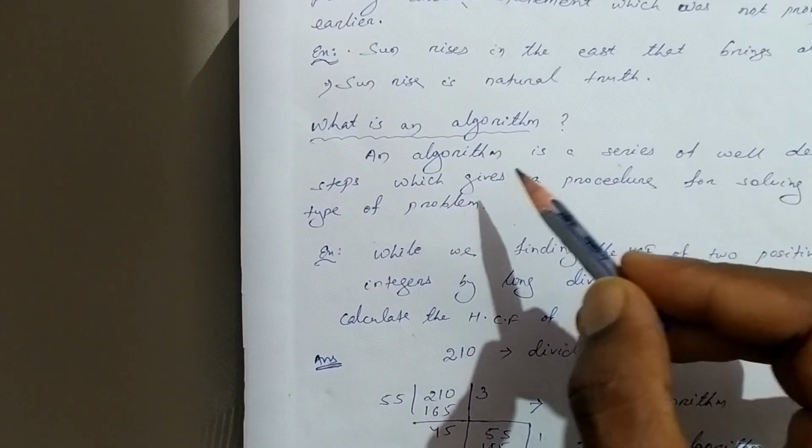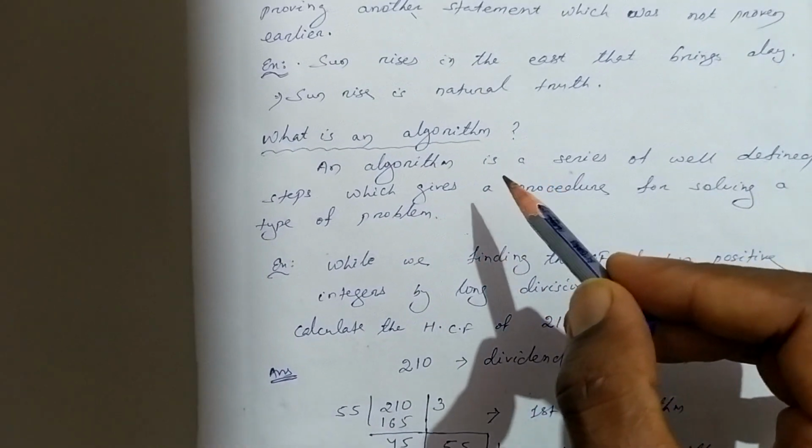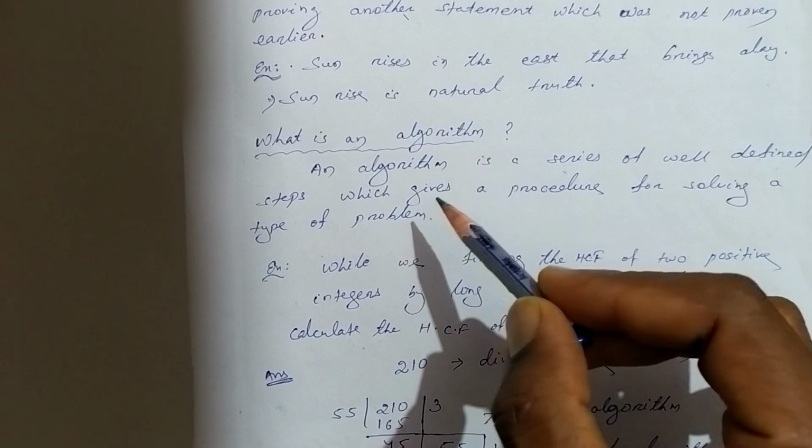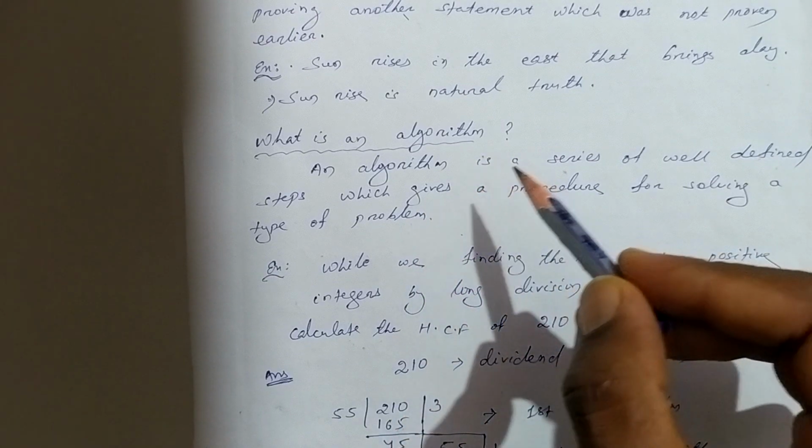So what is the algorithm? Algorithm means what? Simple. It is well-defined steps which give a procedure for solving a type of problem.